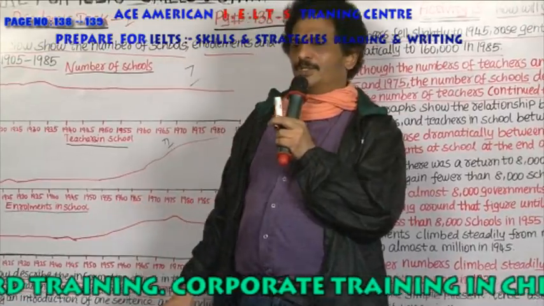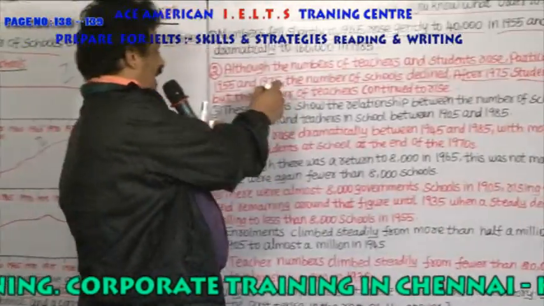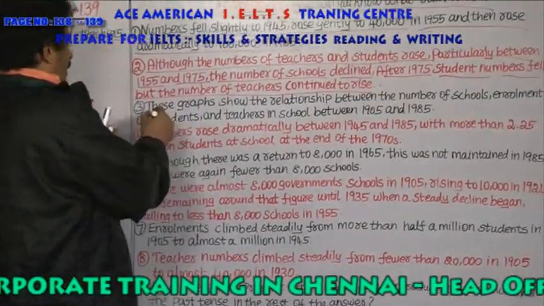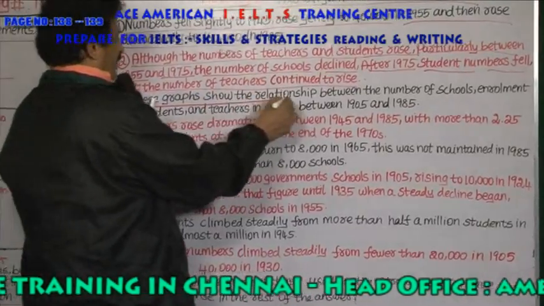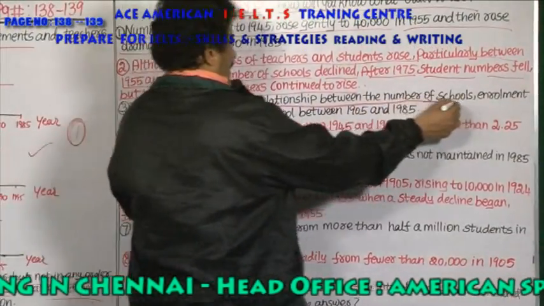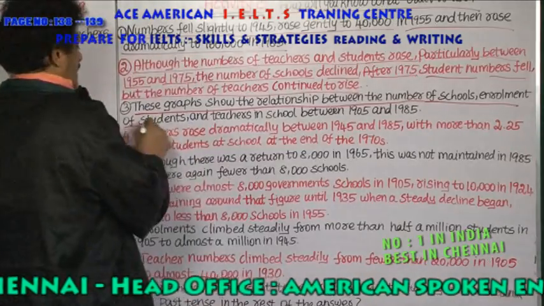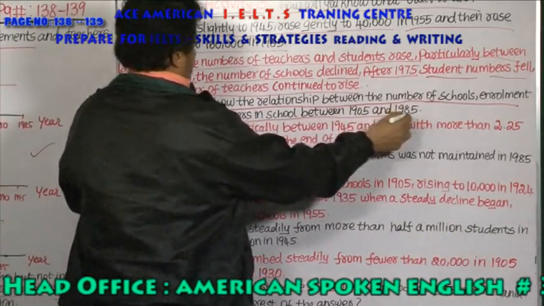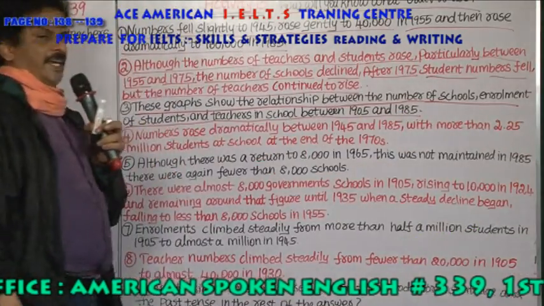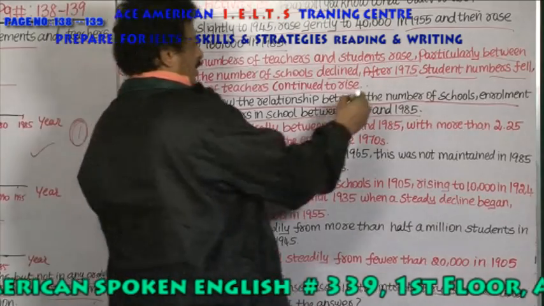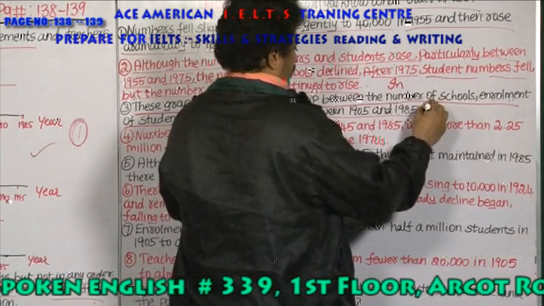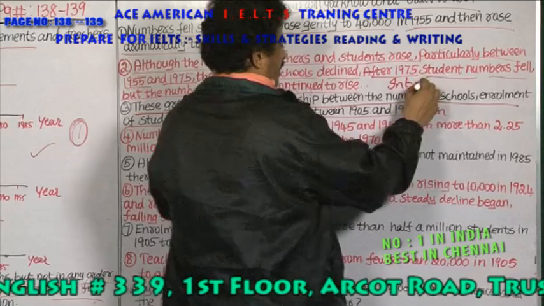Number 3: these graphs show the relationship between the number of schools, enrollment of students and teachers in school between 1905 and 1985. Definitely it should be in the introduction part. So this should be in the introduction, and this is definitely about the teachers.